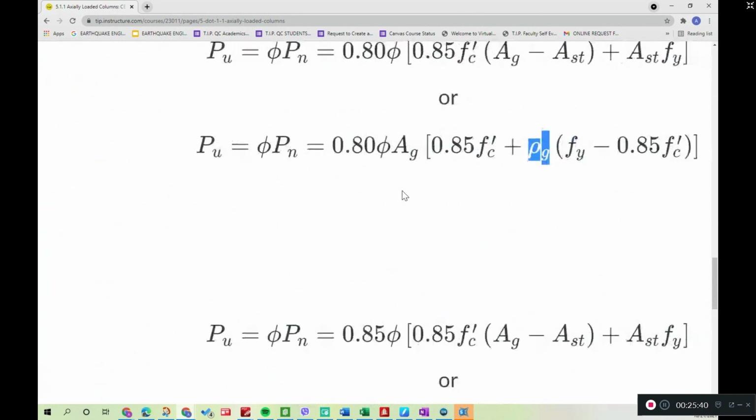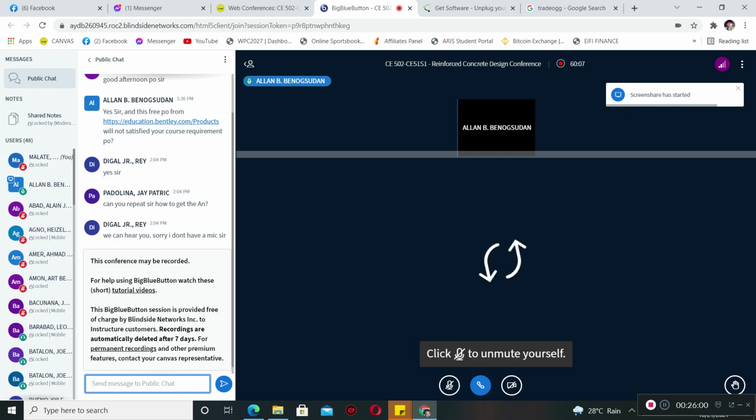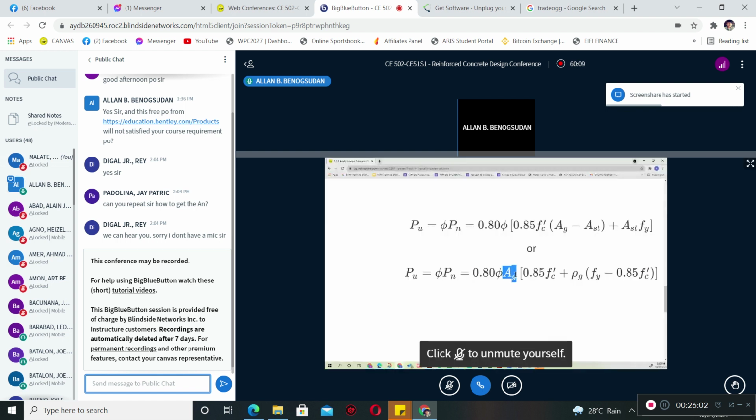It's easy because A sub g is your b multiplied by h, where b is the width of the column and h is the height of the column. That's the geometry of the section, not the height between the floors.